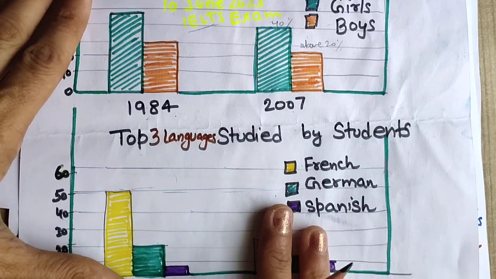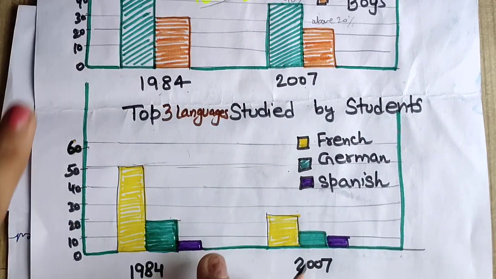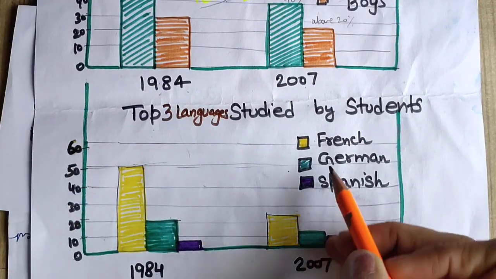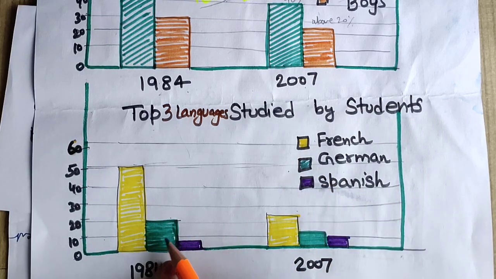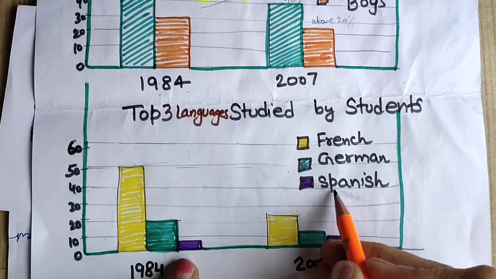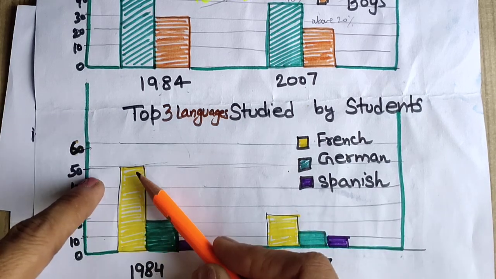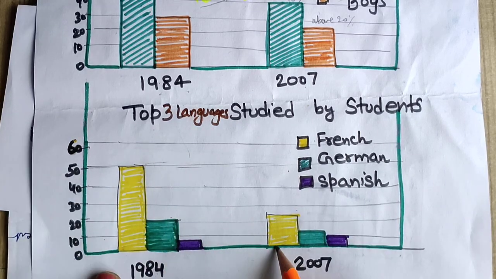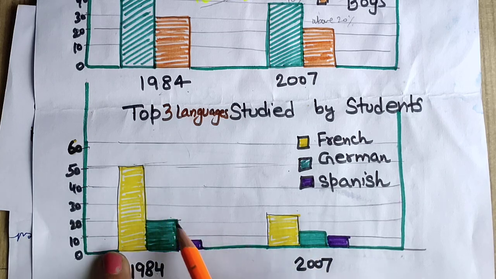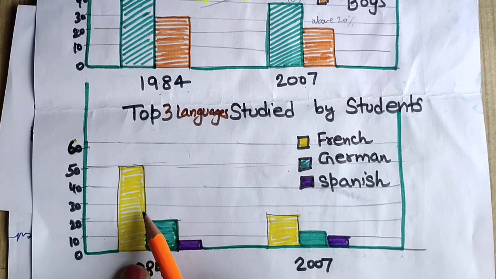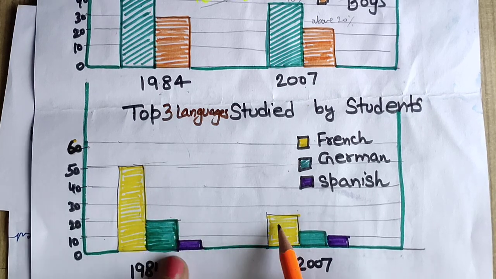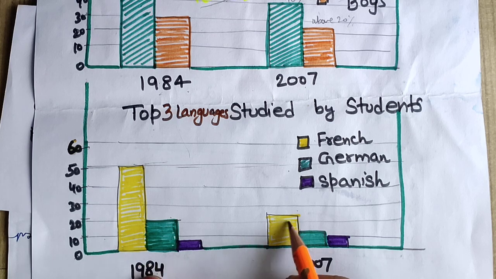And here let's look at the other one. You can see the 3 languages: French, German and Spanish. Yellow is French, green is German, purple is Spanish. You can see French in both the years is the top among the other languages, but in trends, French and German have a lower percentage.